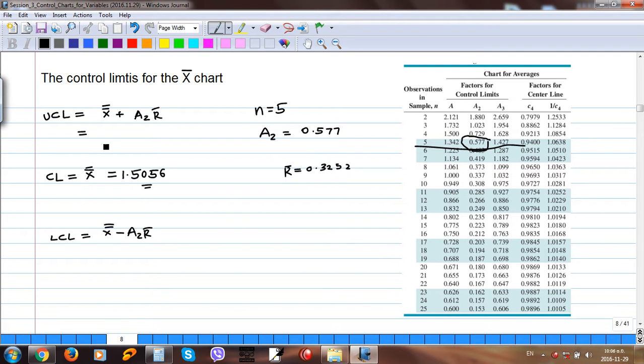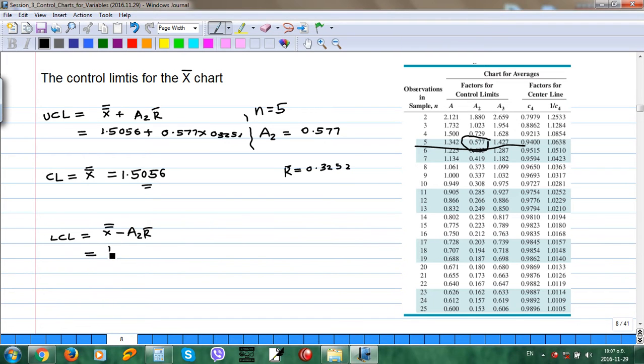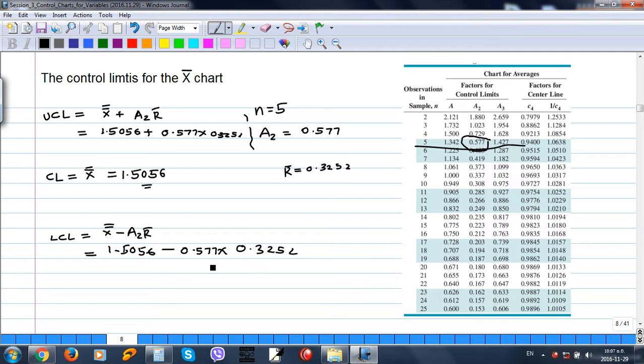So we substitute x double bar 1.5056, A2 equals 0.577 multiplied by R bar 0.3252, and for the lower limit, 1.5056 minus A2, 0.577, into R bar 0.3252.